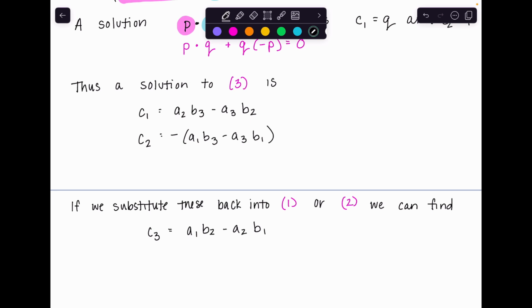So these are what the components are going to have to be to give us that orthogonal vector. We're going to define this to be the cross product. There is a little bit of patterns.